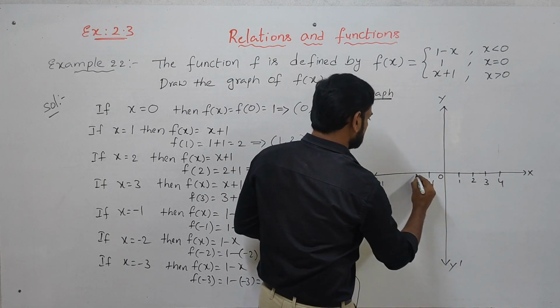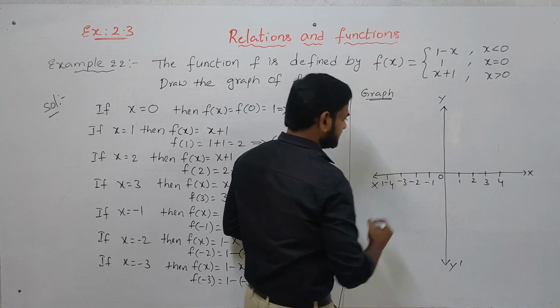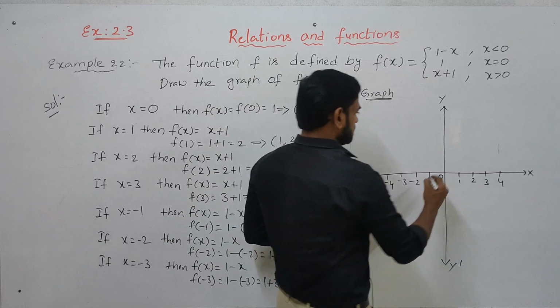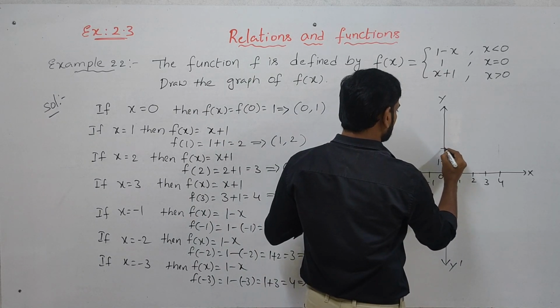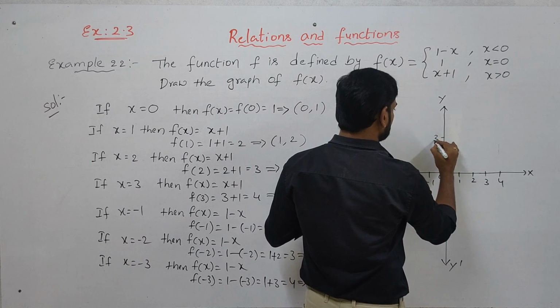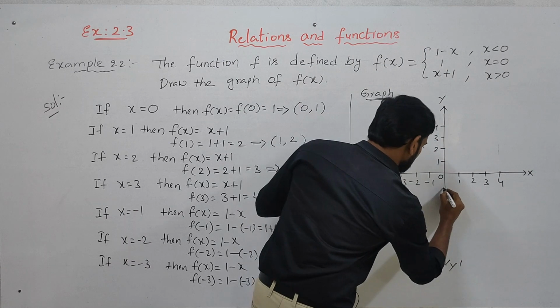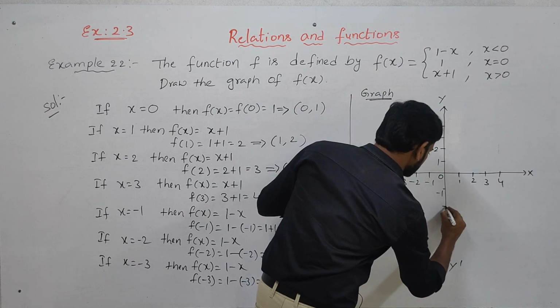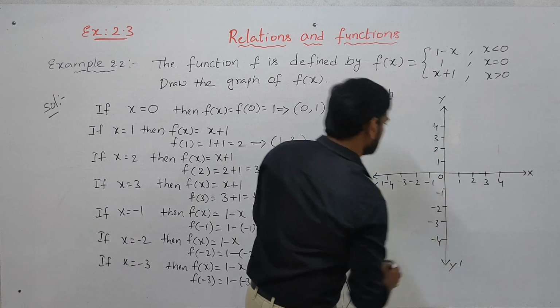Negative side minus 1, minus 2, minus 3, minus 4. Here on the positive y-axis 1, 2, 3, 4 like that. And minus 1, minus 2, minus 3, minus 4.